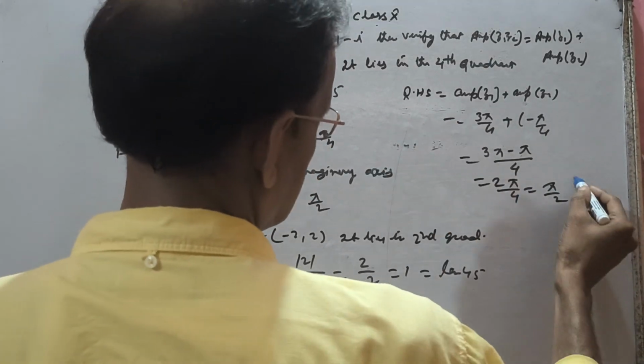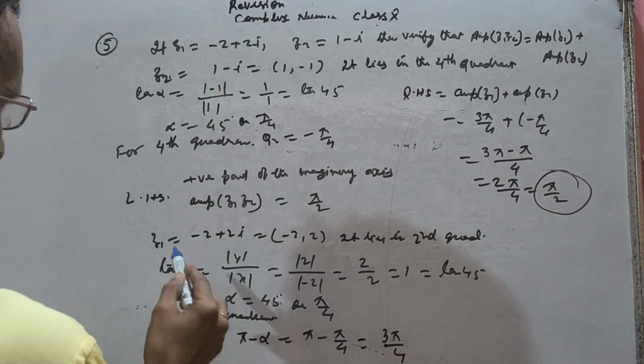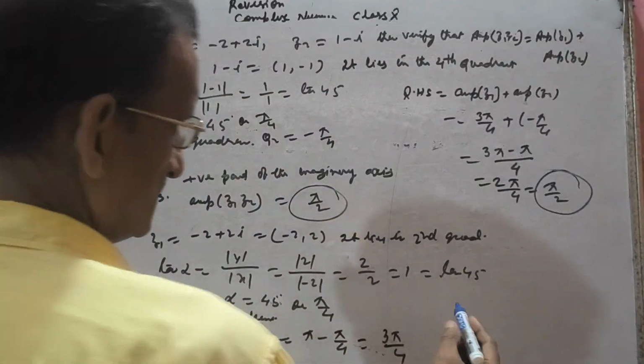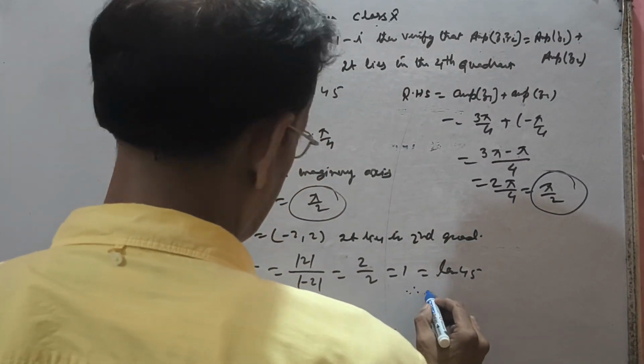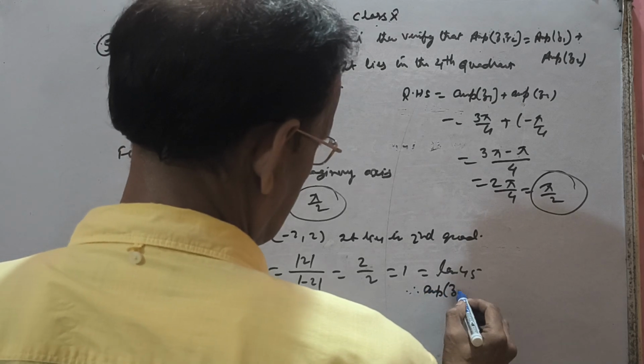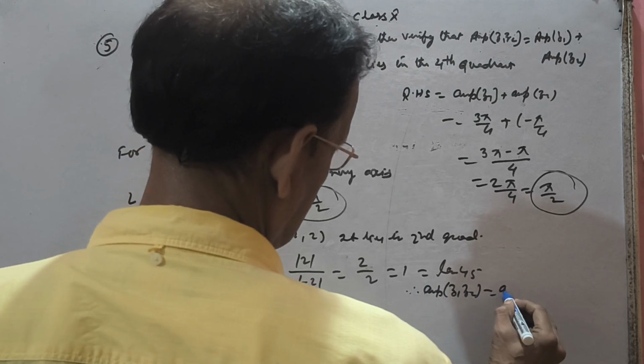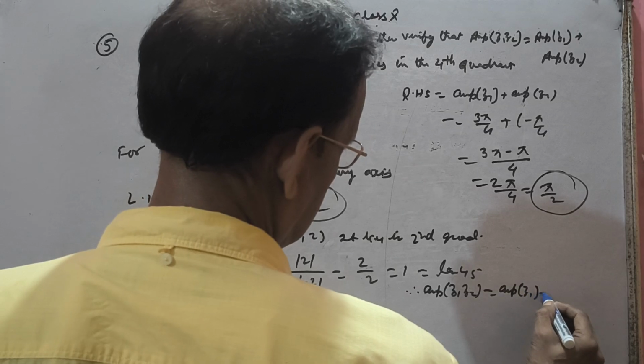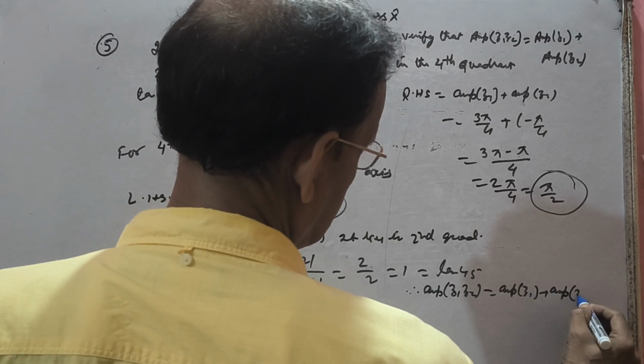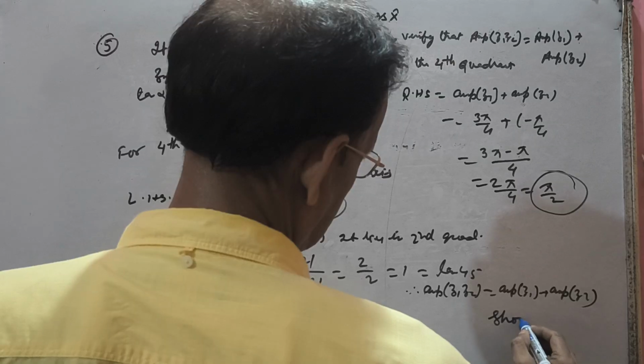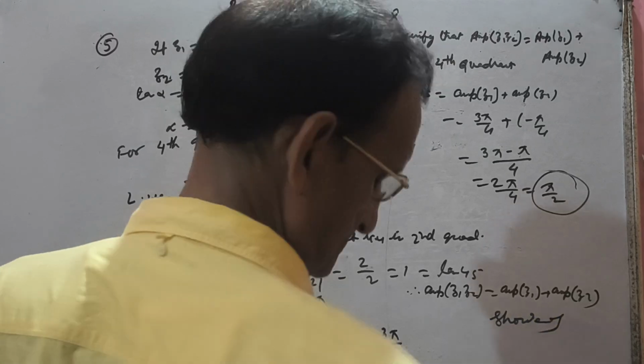So this is RHS pi by 2. This is LHS pi by 2. So therefore finally what will we write? Amplitude Z1 into Z2 equal to amplitude Z1 plus amplitude Z2. Okay, verified.